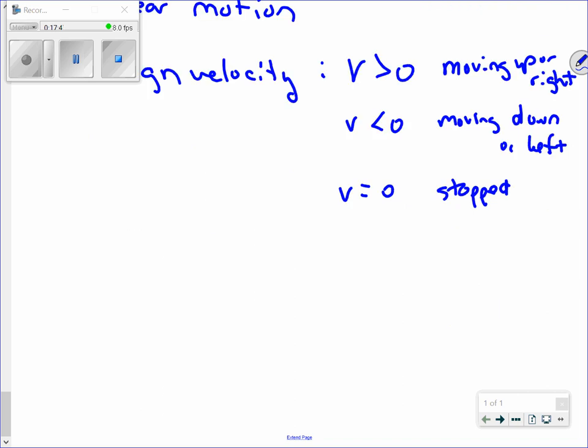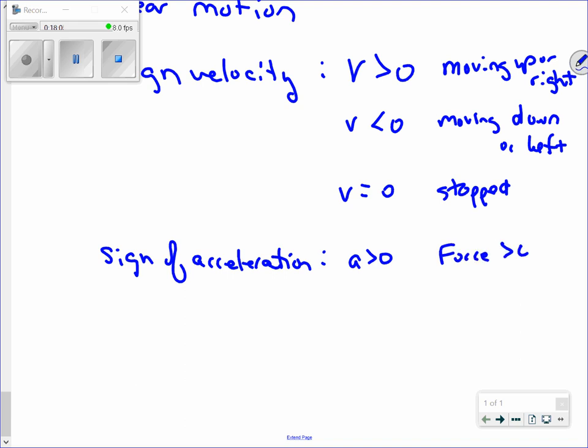Okay? The sign of the acceleration. This one is a little bit less intuitive. If the acceleration is positive, that means that the force is positive. I know y'all remember that from your physics. Force is positive, and that means that the force is pulling it up or right.